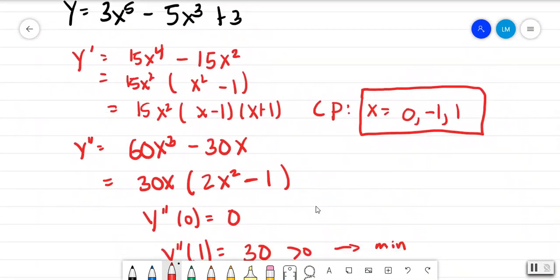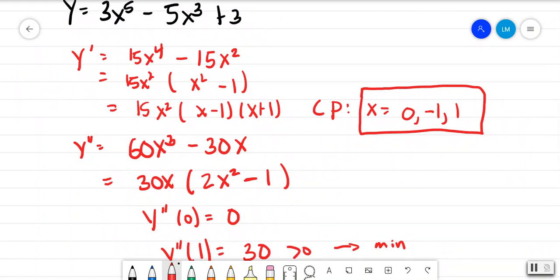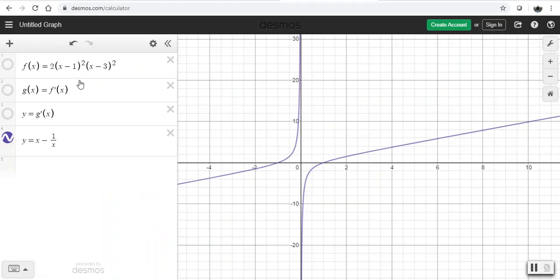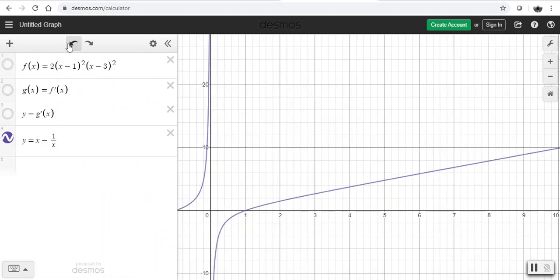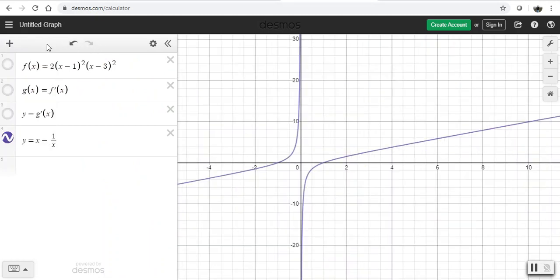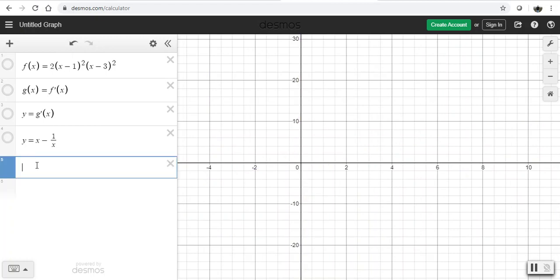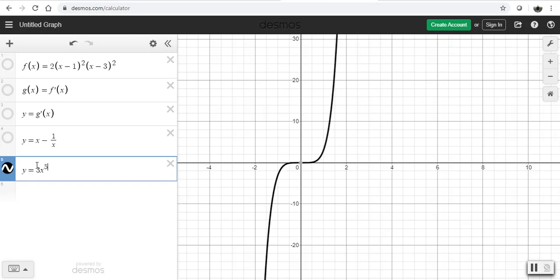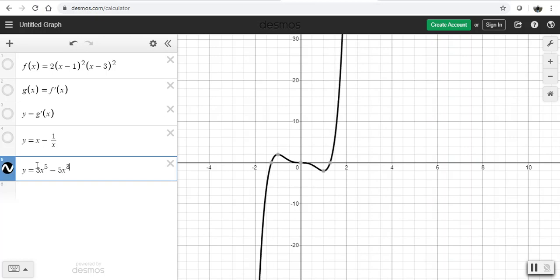But let's plug this into the calculator just to verify our work. Let's say we plug in y equals 3x to the fifth power, minus 5x cubed, plus 3.